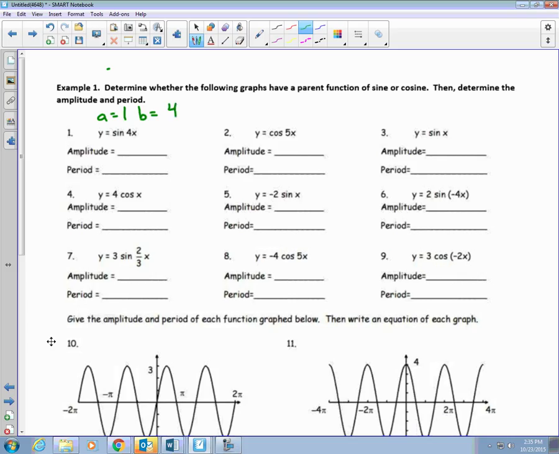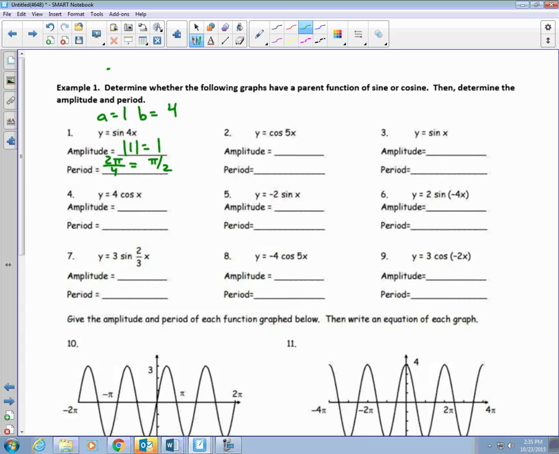So the amplitude of this function is the absolute value of 1, which is 1. The period is 2 pi divided by the b value. 2 pi divided by 4 is pi over 2.